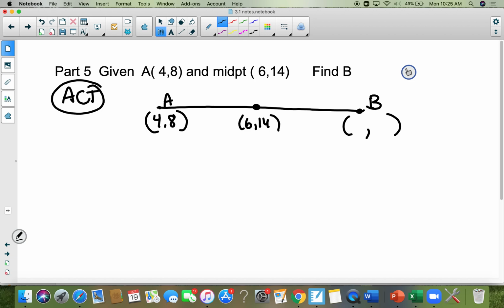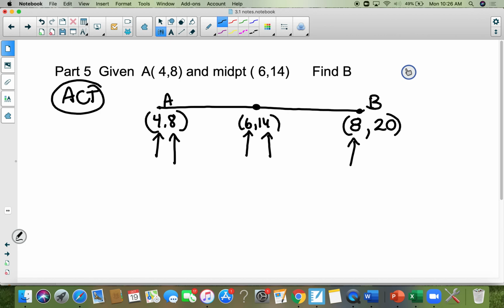Well, by drawing a picture, your x's go 4, your midpoint is 6. Well, you should know what your x value is. If you went 4, 6, your x value is going to be 8. Your y value goes 8, 14, it goes up by 6, so that means your y value must be 20.